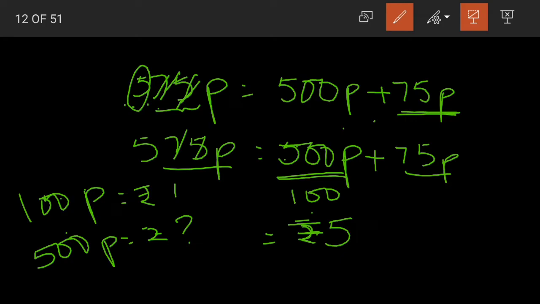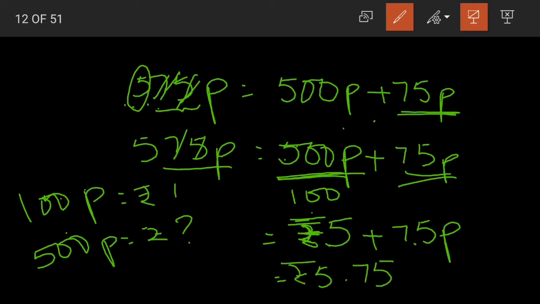Yes children, now this 500 paise is converted into 5 rupees, and then we are having our 75 paise. So 5.75. How do we combine these two together now? We put a decimal point between these two. 5 rupees 75 paise will be our answer.